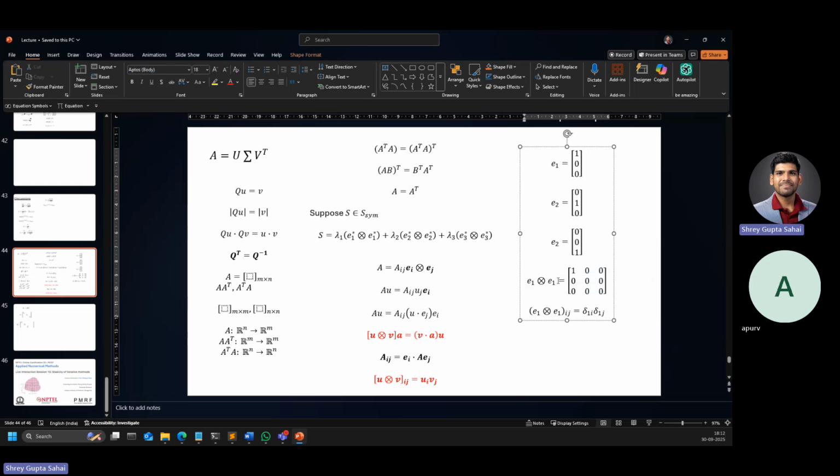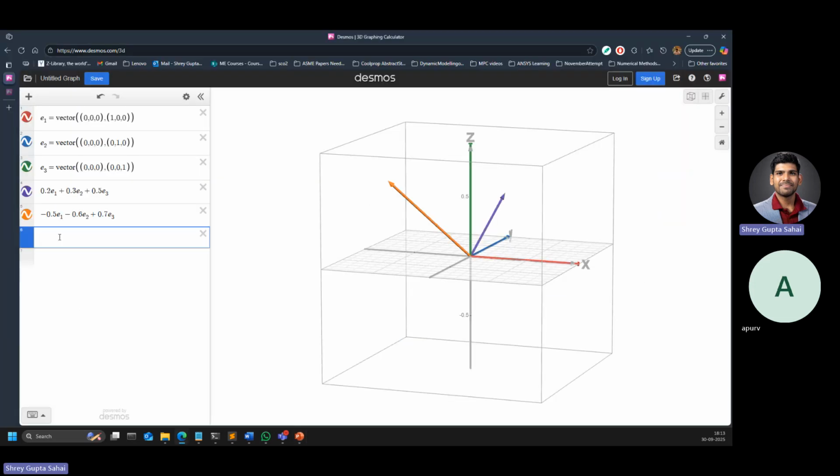So how do you visualize this tensor? You visualize it as an operation on a vector, so it will still be a function. Let's say you have some vector v, and we want to visualize e1 dyadic product e1.